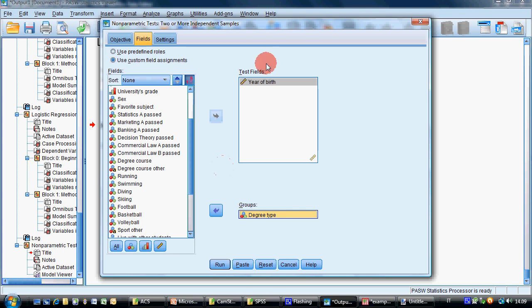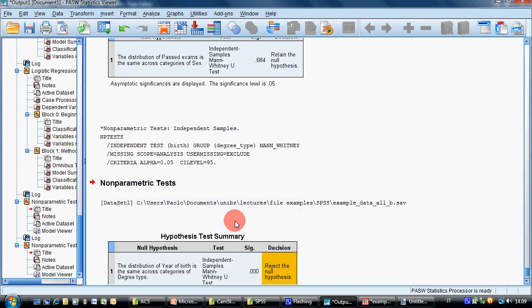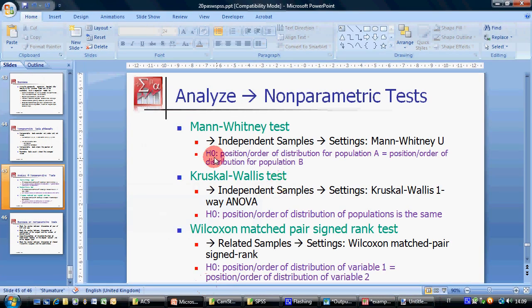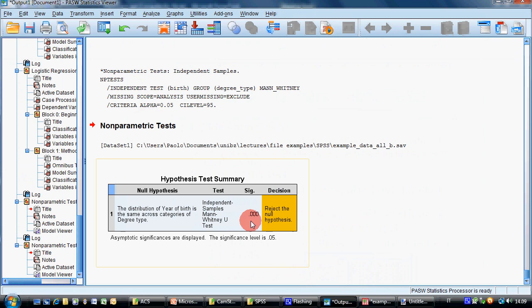So I should see a significant difference here. Significance 0.000, reject the null hypothesis. Can you see the null hypothesis that the positions are the same? You reject, so there is a significant shift. Unfortunately, it doesn't tell me in which direction.